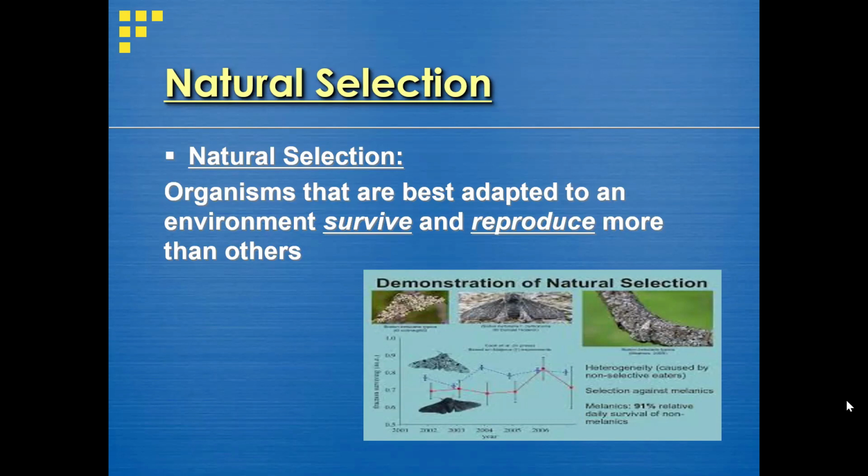So the process in which some organisms are selected to survive in the environment based on their adaptation, and those organisms that cannot adapt are eliminated, die, or become extinct in that particular environment, is what you call the process of natural selection.